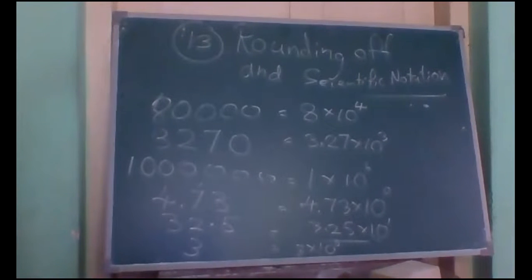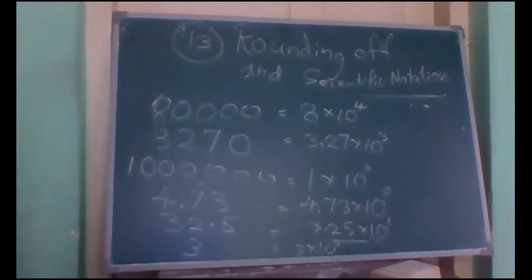Right. Writing a number between 0 and 1 in scientific notation. What are the numbers between 0 and 1? What do you call them? Decimal numbers, right?